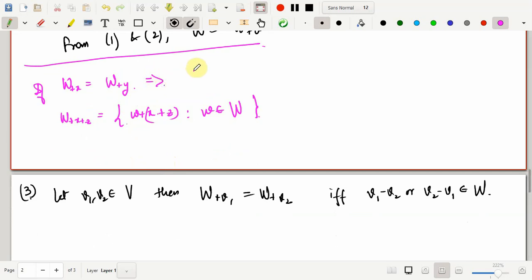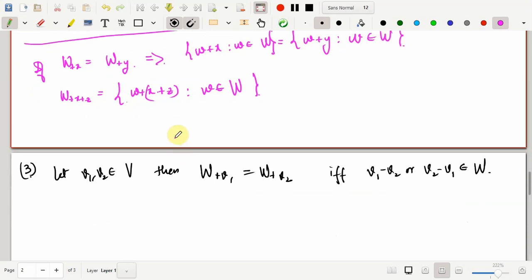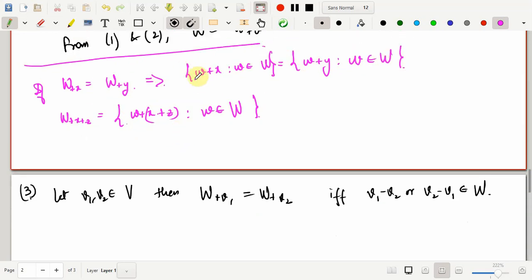In fact, this implies that the set W plus X, where W is varying in W, is the same as the set W plus Y, where W is varying in W. So for a particular W, W plus X would be the same as W plus Y.